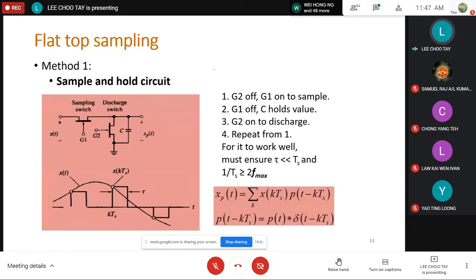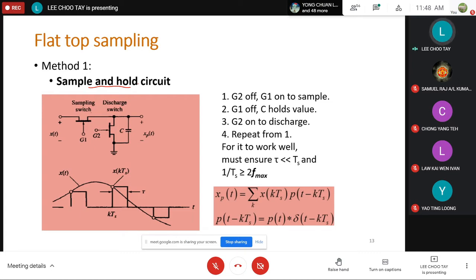Then let's talk about how to realize, how to implement, the flat top sampling. In order to do flat top sampling, we need a sample and hold circuit. This sample and hold circuit is quite simply constructed by using two FET transistors.